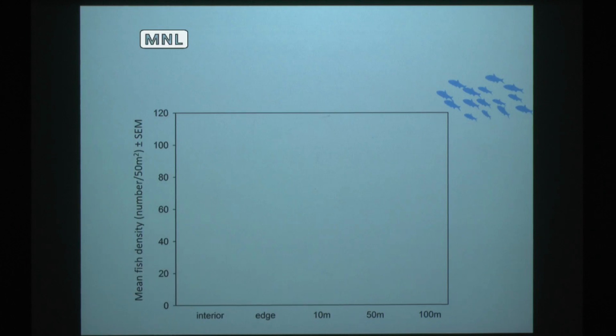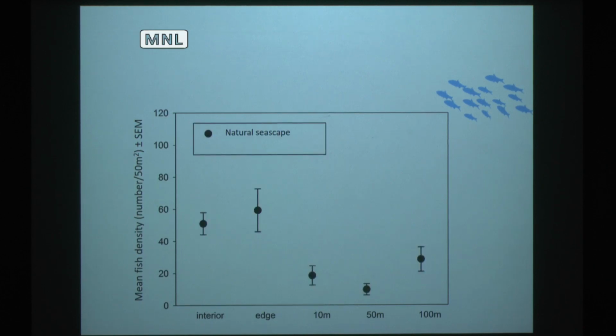So what did I find? We have on the y-axis fish density, and on the x-axis these different locations in the survey design. First, the black circles show the fish density on the natural seascape, which is composed of the interior of the natural macroalgal beds as well as the different distances.